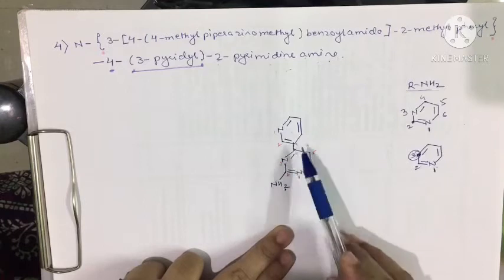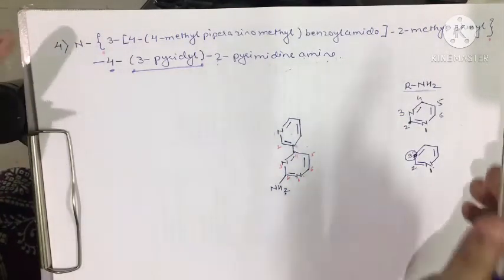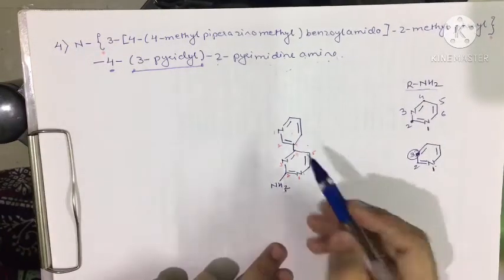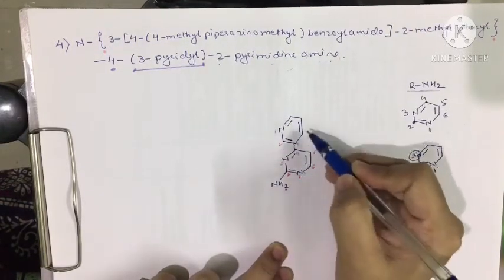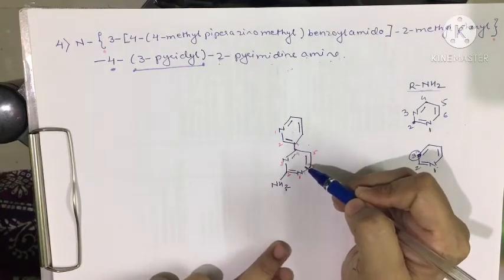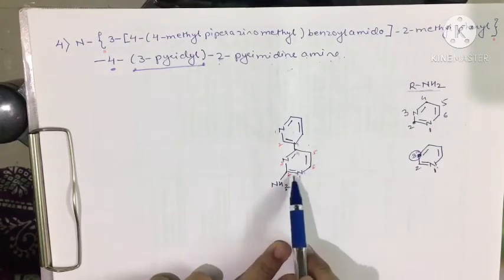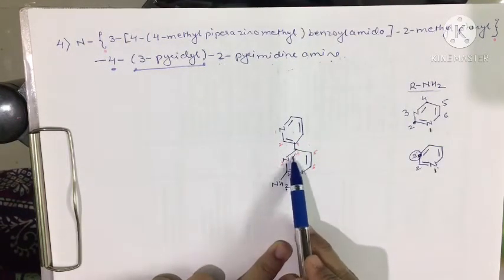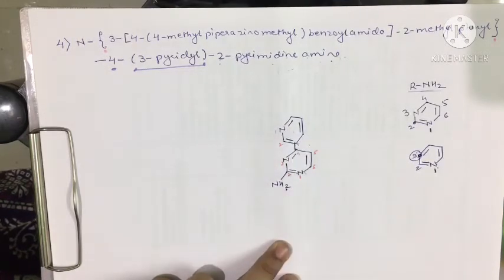Now where is this curly bracket's substituent actually present? Let us mark out these 2 nitrogens and the other nitrogen. These nitrogens are present in the heterocycle, and all of them have a satisfied valency. You can see this nitrogen 1, 2, 3, this 1, 2, 3, and if we count the valency here, 1, 2, 3. So all these nitrogens have completed their octet.